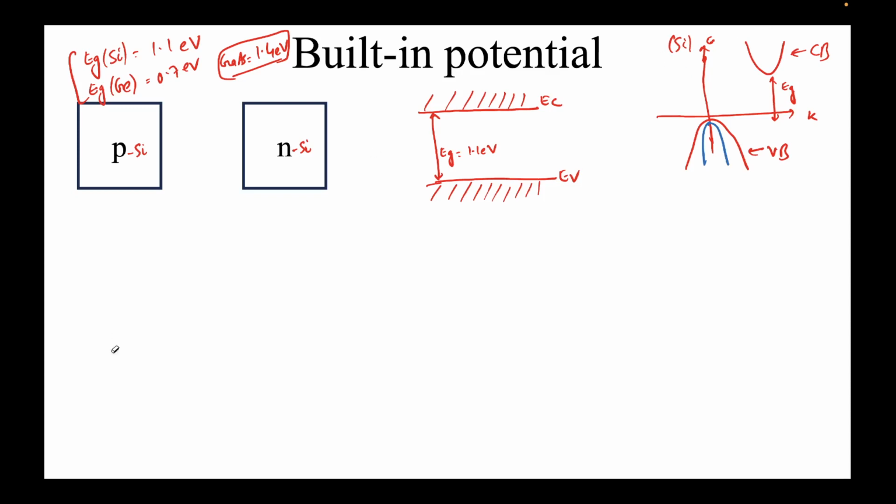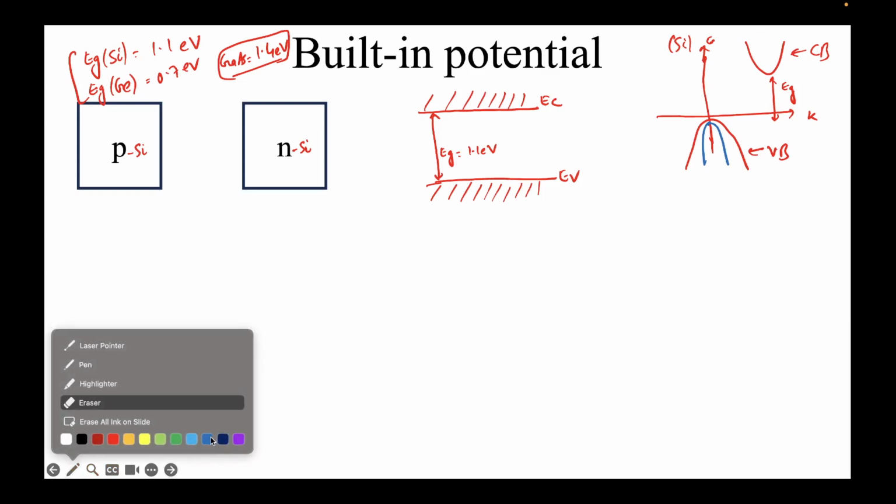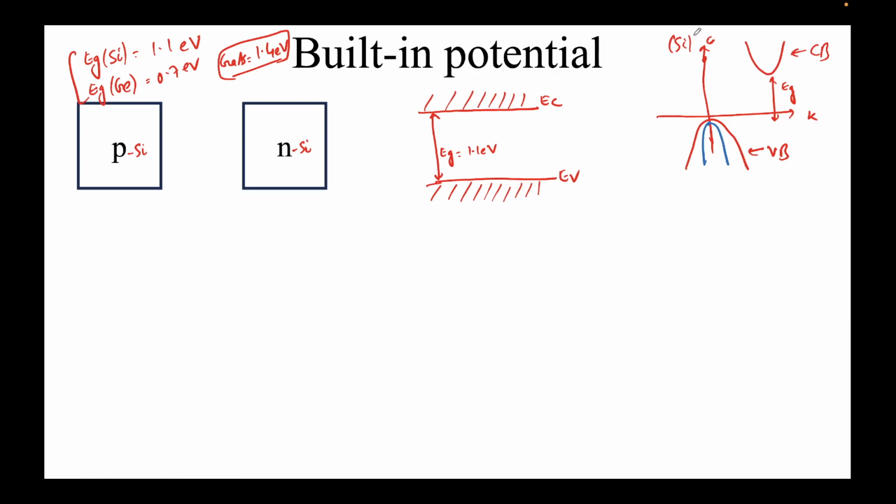It's 1.4 eV, so it should be even higher if I'm drawing to scale. So this will be somewhere like this. This is gallium arsenide, this is 1.4. You can see the bottom of the conduction band and the top of the valence band lie at the same wave vector. This is a direct band gap, and you're correct.